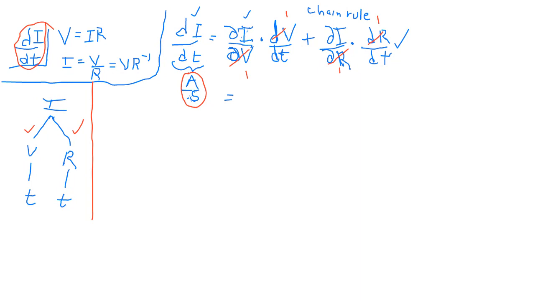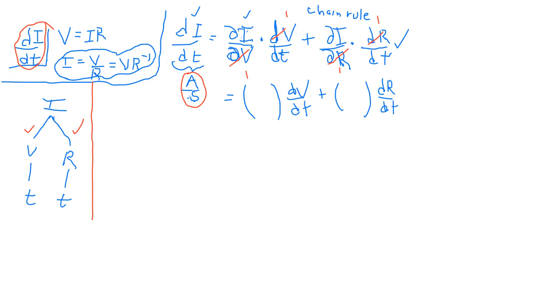all right, well, what's the partial derivative of I with respect to V, based on this formula here? So I need something to go in here.